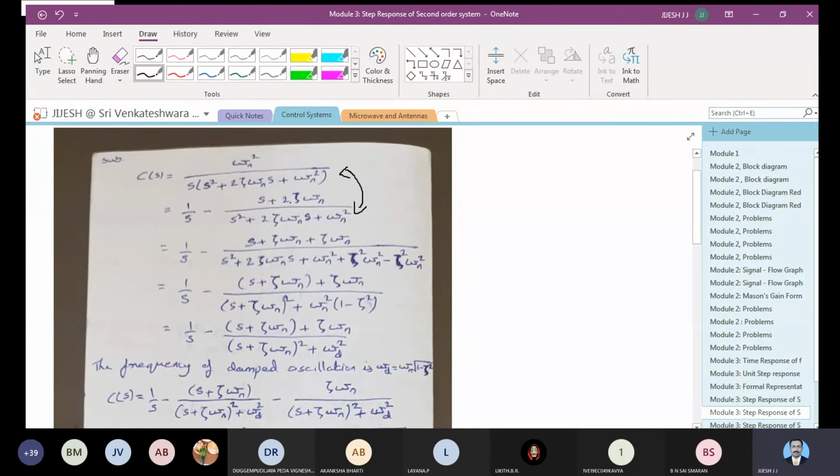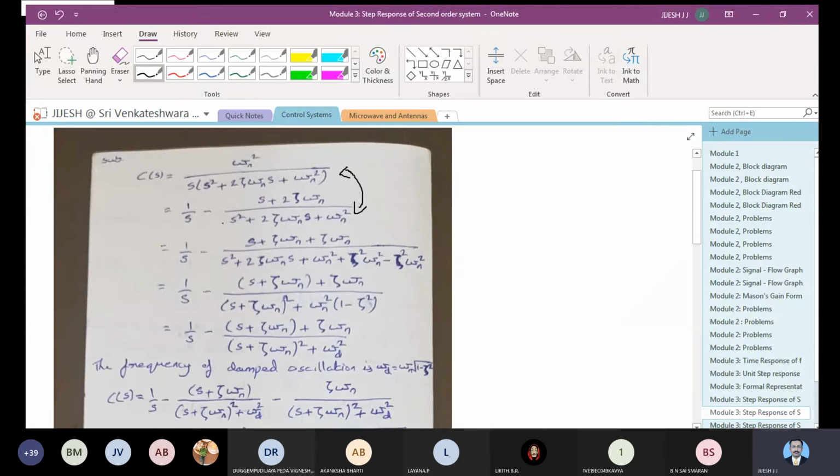When you take the common denominator, you will get the same answer, meaning both equations are the same. Further, this term we are retaining as 1 by s itself. This is the portion we are going to modify a little bit and simplify.